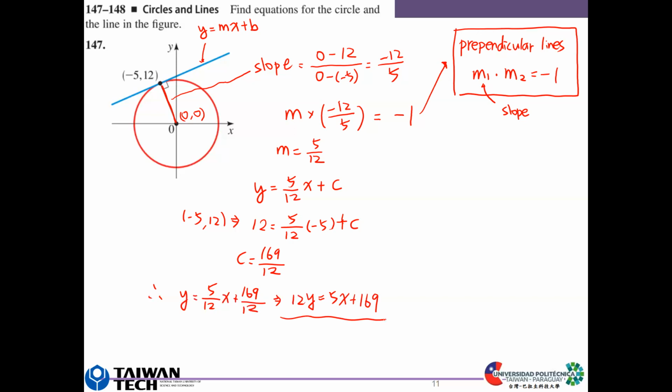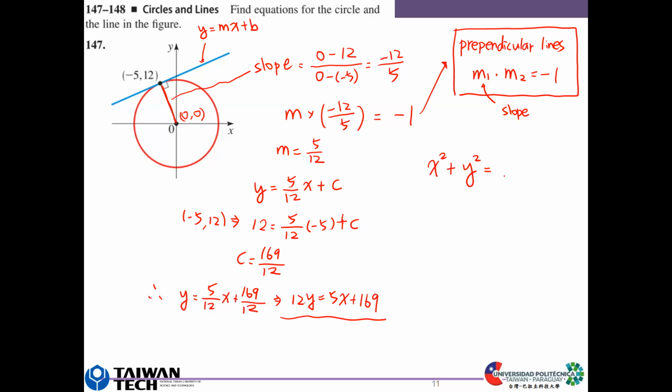And second, the problem also asks us to find the equation for the circle. Since its center is 0, 0, the standard equation for the circle is x squared plus y squared equals its radius squared.